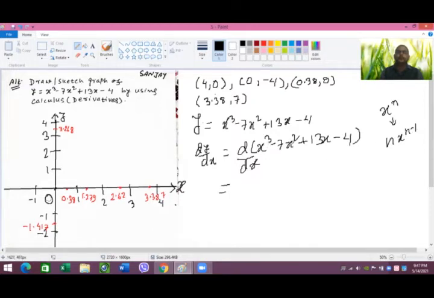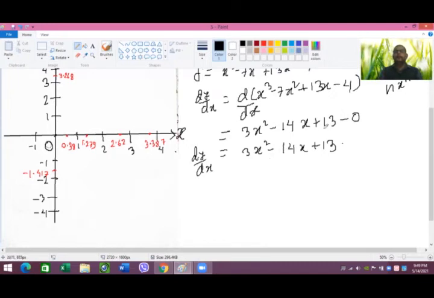After taking the derivative of x cube, it is going to be 3x squared, and minus 7x squared gives 14x, and then plus 13, since the derivative of x is 1, so 13 times 1 is 13 itself, and as this is a constant, the derivative of the constant is 0. So dy by dx for this function is 3x squared minus 14x plus 13.